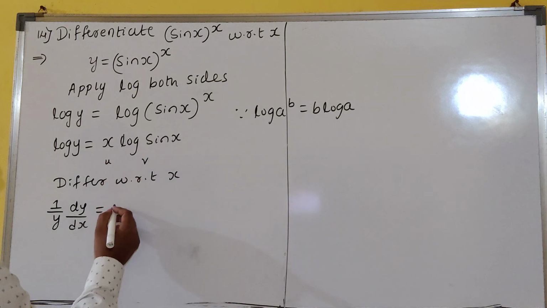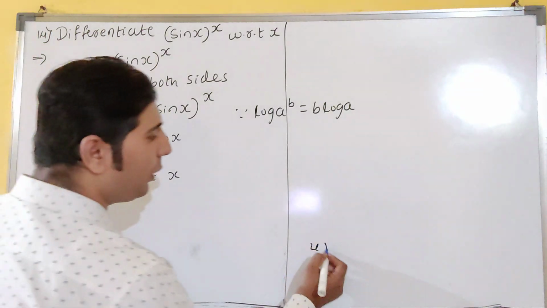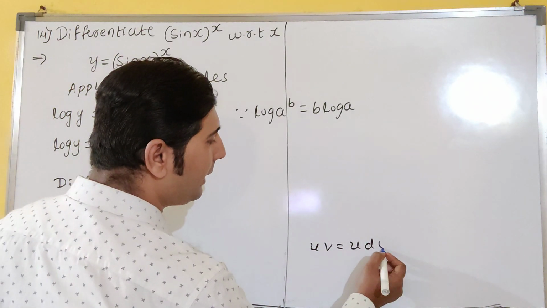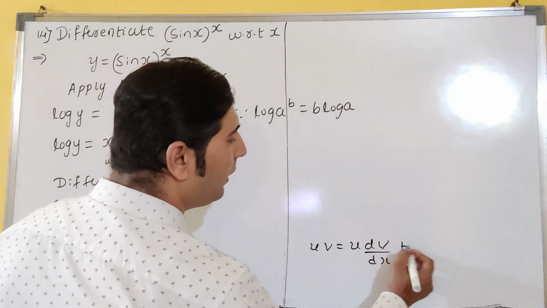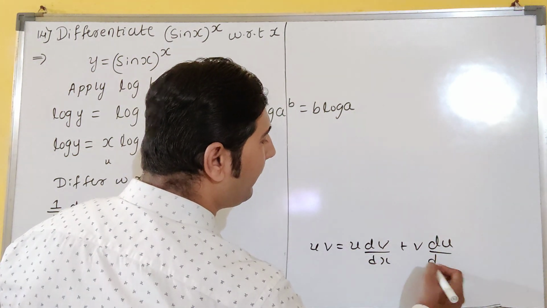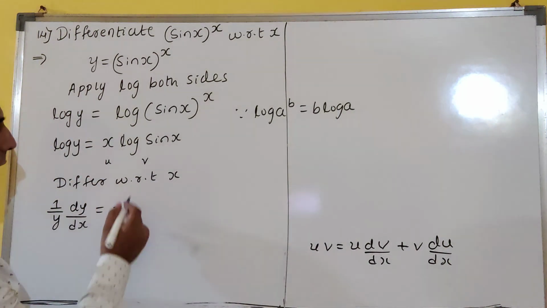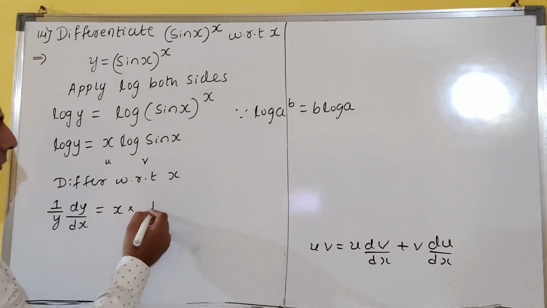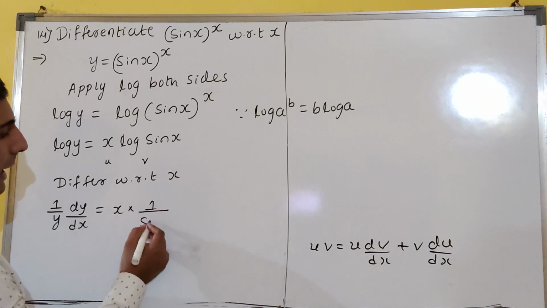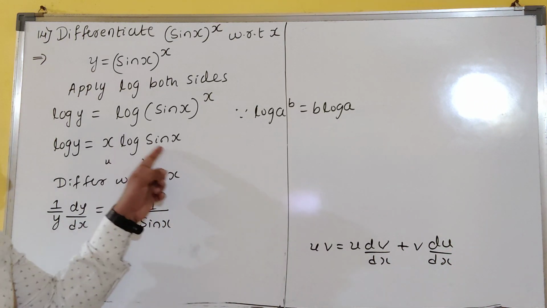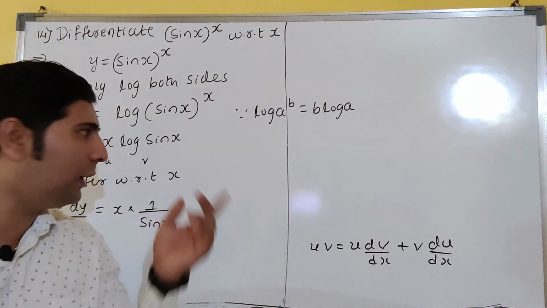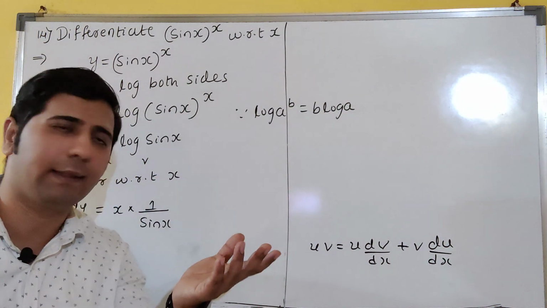For u into v, you know the formula: u is written as it is, dv by dx, plus v is written as it is, du by dx. So u is x as it is, log sin x derivative is 1 by sin x. It is looking like log x. You also know, I also know it is not x, but we will assume it as x.